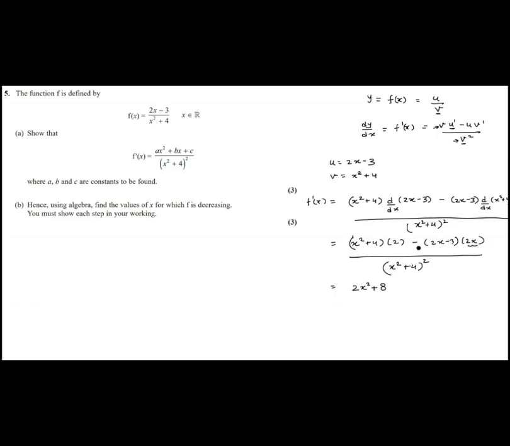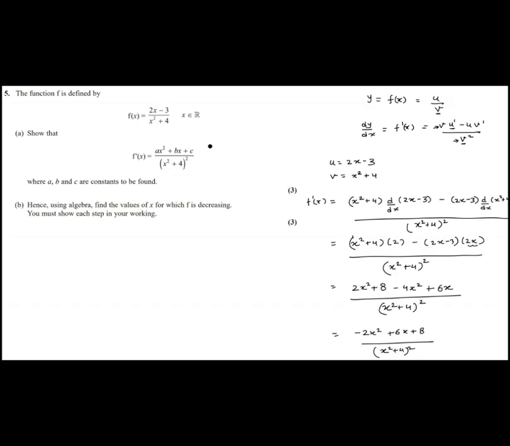And then we multiply minus 2x inside: minus 2x times plus 2x is minus 4x squared, and then minus 2x times minus 3, minus minus becomes plus, and 2 times 3 is 6, and then x, all over (x squared plus 4) whole squared. If we simplify further, 2x squared minus 4x squared becomes minus 2x squared, and then plus 6x plus 8, over (x squared plus 4) whole squared.